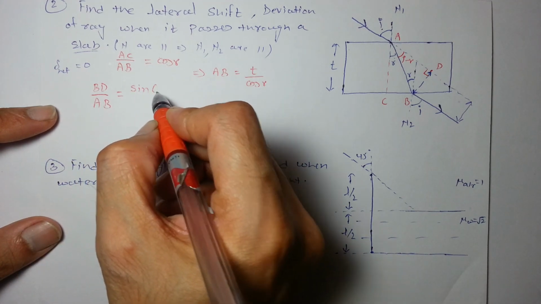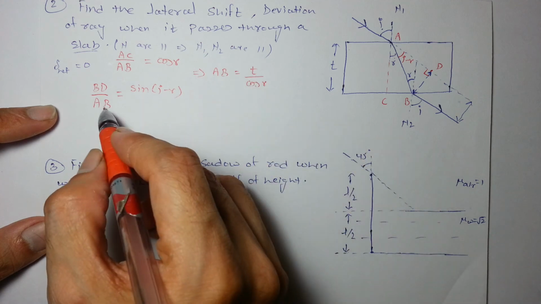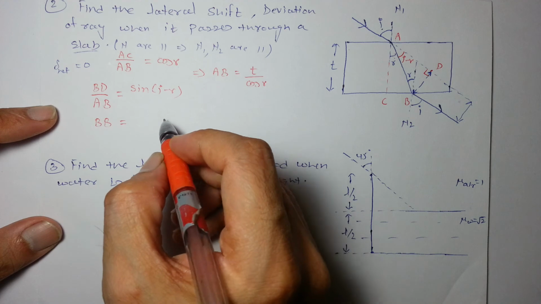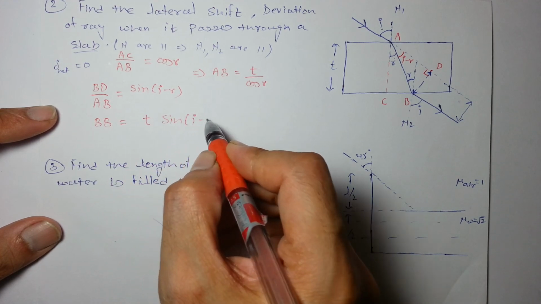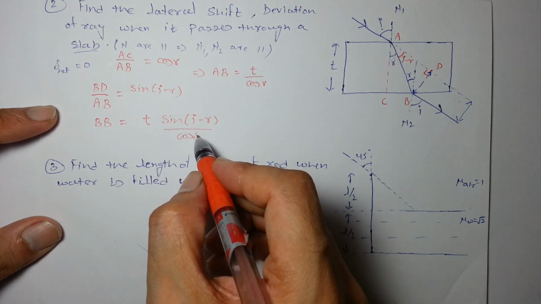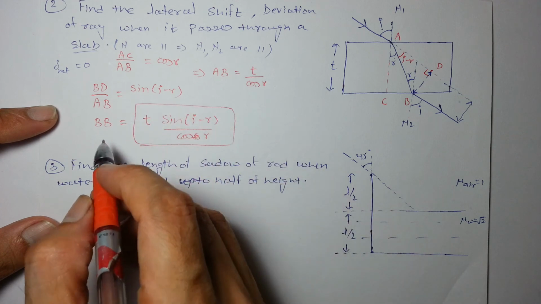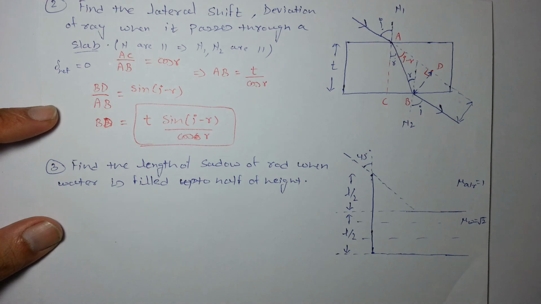Sine of I minus R. Using the value of AB as T by cos R, we can say BD is nothing but T sine I minus R by cos R. So this is the expression for lateral shift BD. BD is the lateral shift.